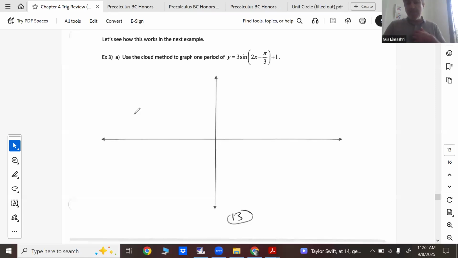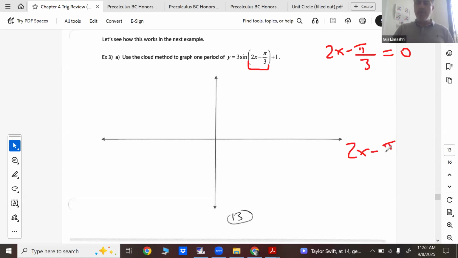So here's what I'd like to do. I like to take a look at this and set that equal to 0 and also set it equal to 2 pi. So what I'm doing is I'm trying to find my new start and ending points.